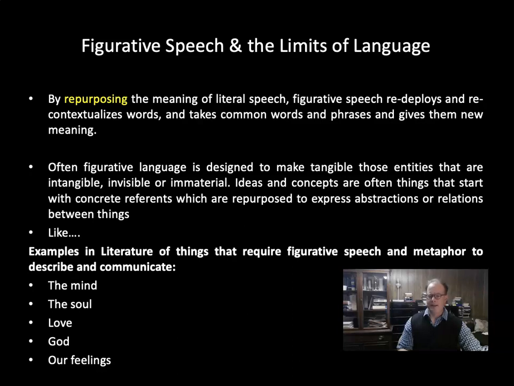Talk about the mind, the soul, talk about something like love, right? It's like you see two people interacting for 50 years. What makes that love? What is it in their interaction that you saw comes under the rubric of this concept, love? God, our feelings, all these things are rather elusive, right?